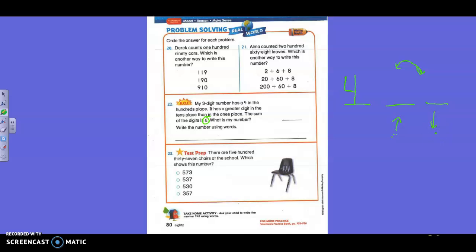Because there are only 2 numbers that equal 2. 2 or 1 plus 1, right? Well, this is 1 and 1. Is this one bigger than that one? If this was 1 and 1, are either of those numbers bigger than each other? No, they're the same number. So the only option is what? 2 in the tens place. 0 in the ones. So your number is going to be 420, and then you write it in word form. Okay?